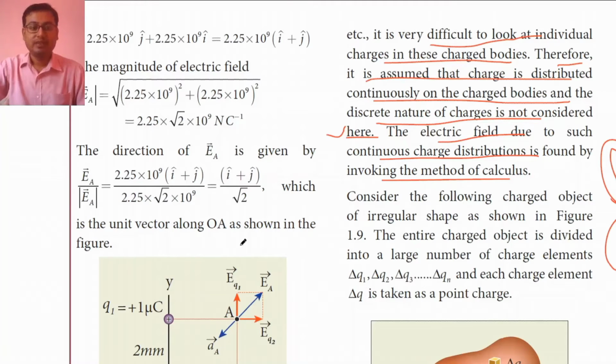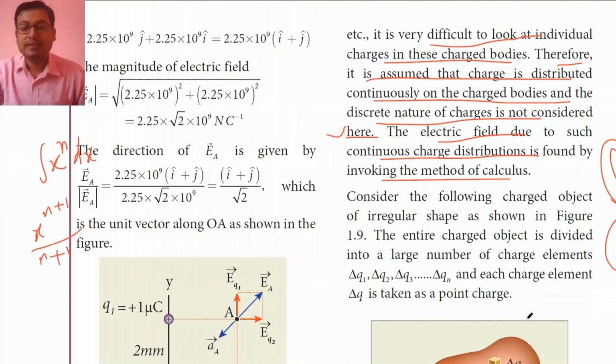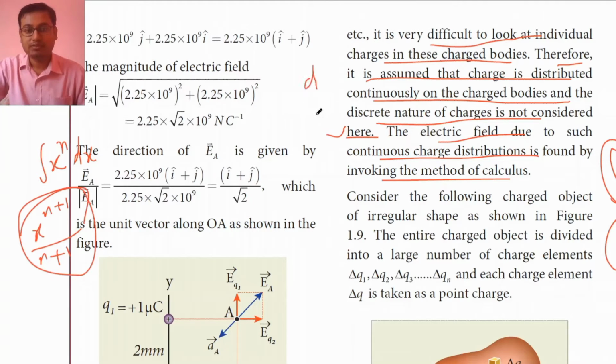We just need the formula for integration of x to the power n dx, that is x to the power n plus 1 by n plus 1. So just keep in mind this formula. In this lesson, we will also be seeing the differentiation of x to the power n. What is that? Comment in the comment box. What is the formula for this?